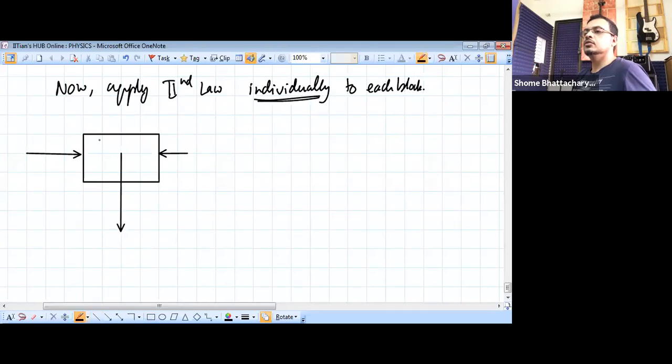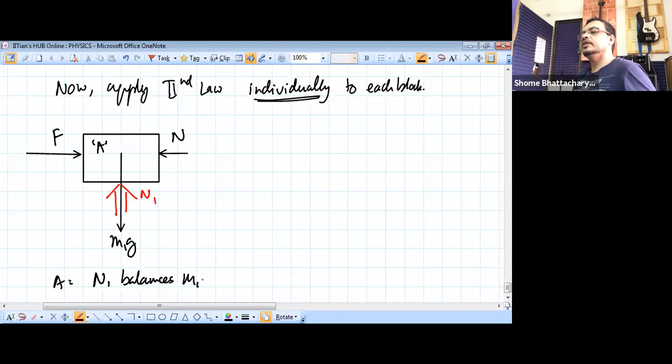So on the block A, we have the external force, the normal reaction with which B is pushing back, its own weight, and the normal reaction that the ground is applying. So for A, N1 balances the weight, or in other words, N1 is equal to mg.